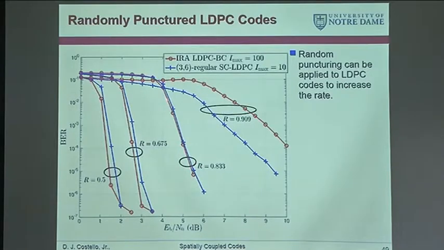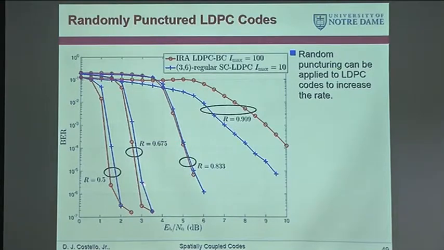At the higher rate, the spatially coupled code's loss in the waterfall is becoming less. We don't know why that is, but maybe it's just a fluke. We didn't simulate down far enough here. This will probably start to show an error floor pretty soon.